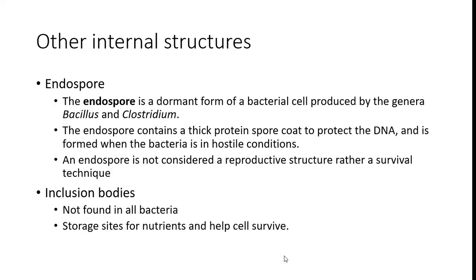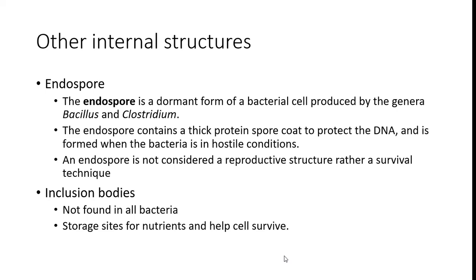Other internal structures, again, not organelles, but structures. Some bacteria are going to have a structure known as an endospore. An endospore is a form of survival. It is not found in all bacterial cells. It's generally found in the Bacillus and the Clostridium genus of bacteria.